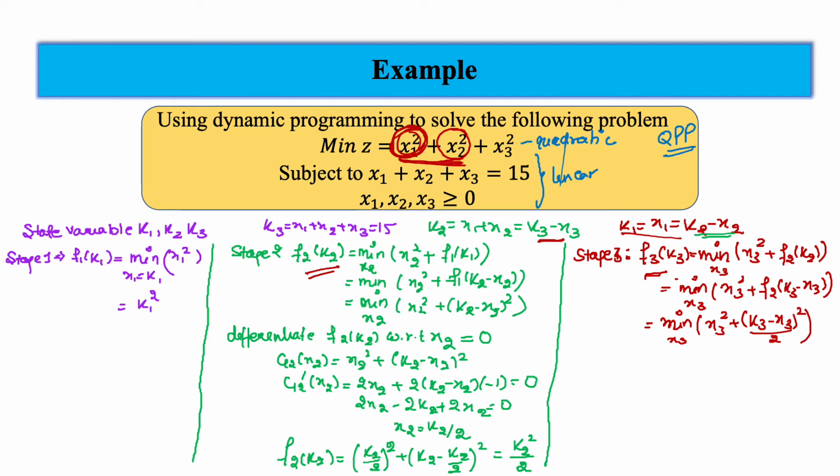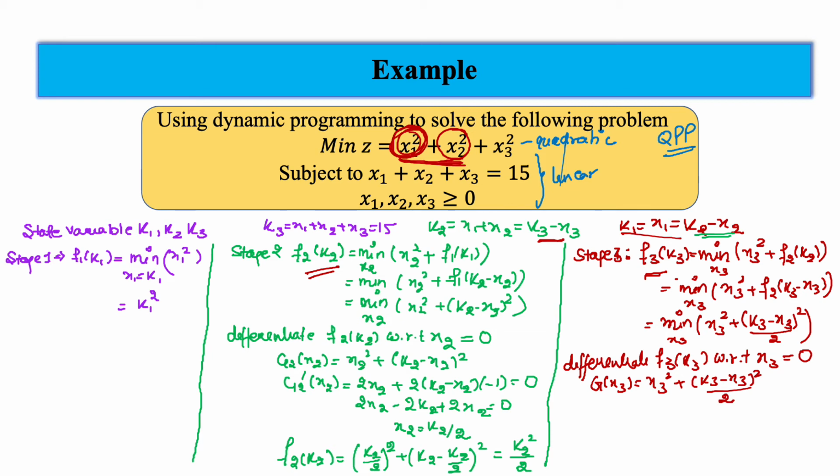So differentiate f3 k3 with respect to x3 and equate it to 0. Again we have g(x3) equals x3 square plus (k3 minus x3) whole square by 2.